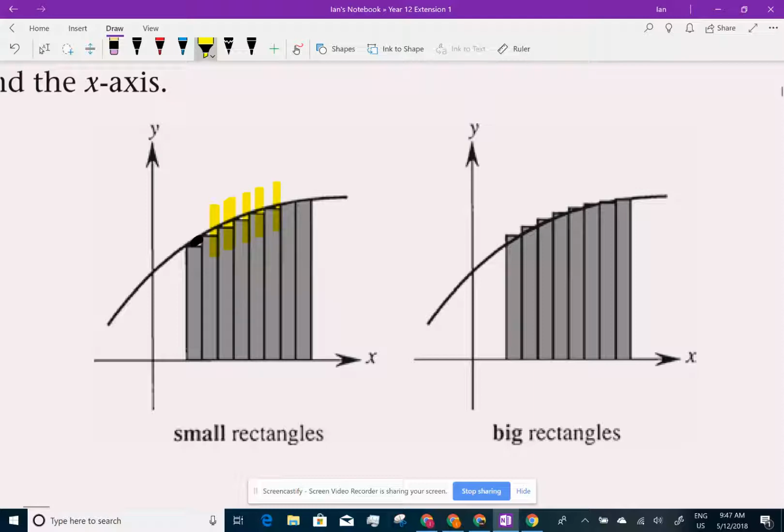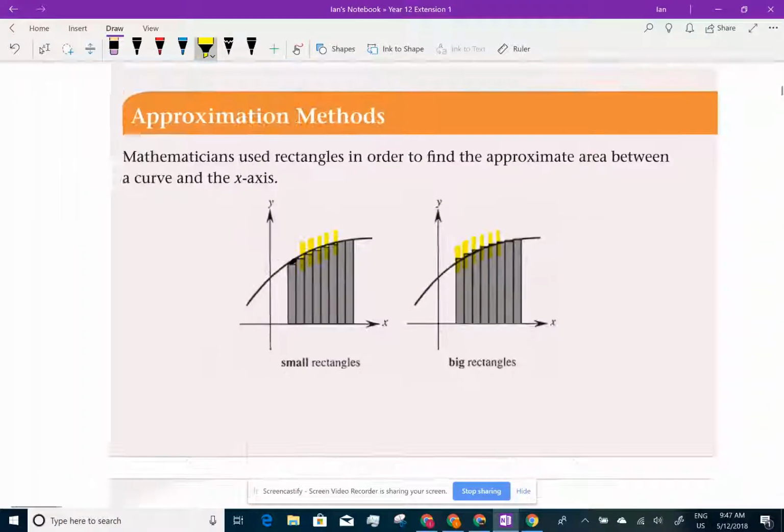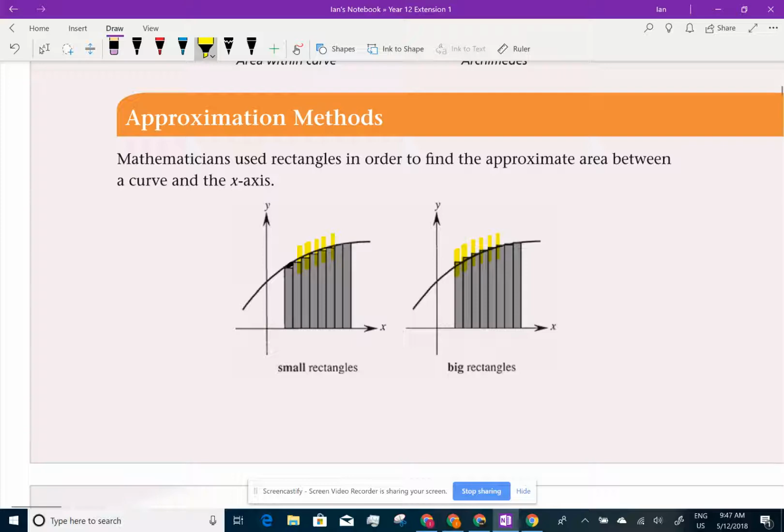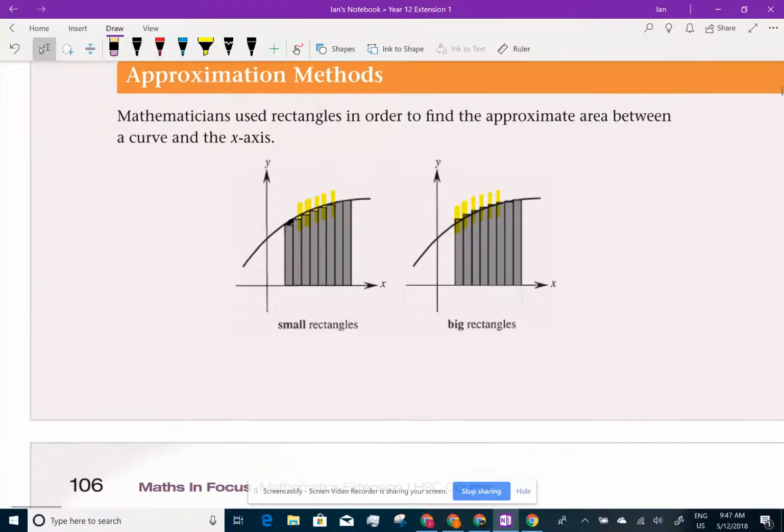And that's if you use small rectangles, so you're a little bit less. If you use big rectangles, you get those gaps again, but the problem is you get a bigger area. So rectangles are good, and the more rectangles you use, the better your approximation. Hence, when we get to it later, you will understand when we do infinite slicing.